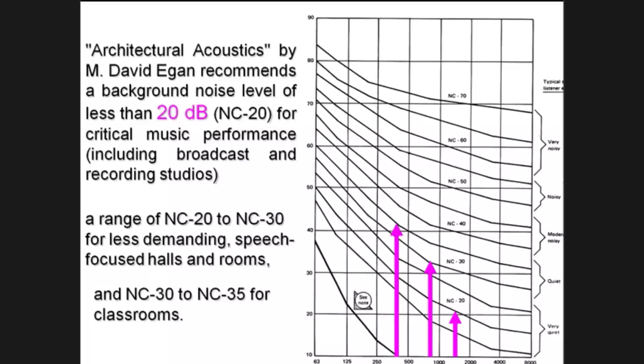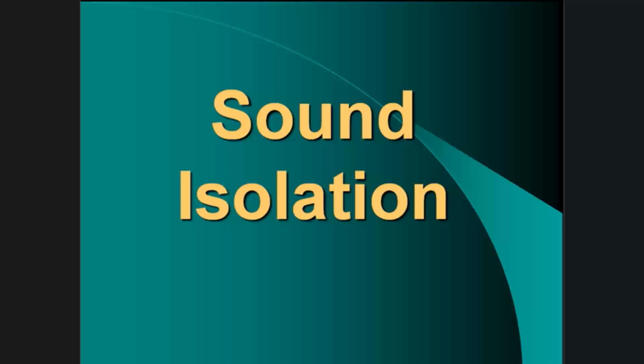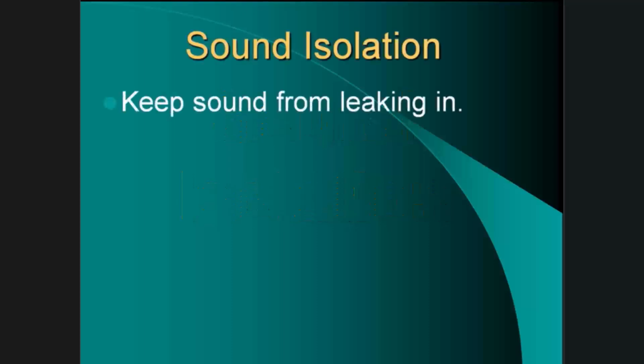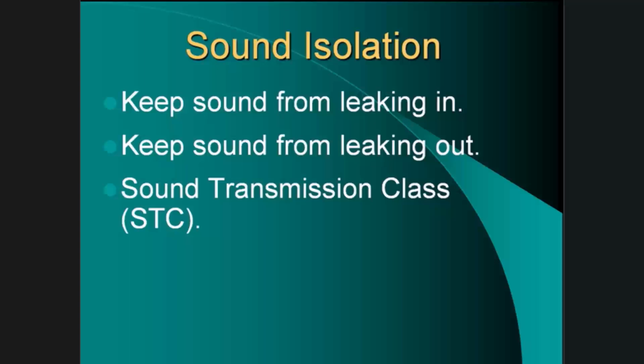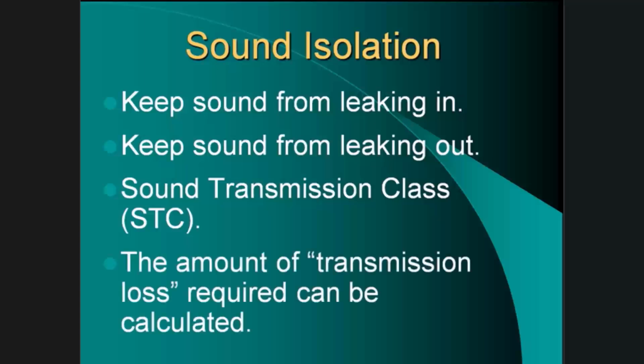In order to assure that the room meets the proper noise criteria, the room must be isolated to keep sound from leaking in and to keep sound from leaking out. Here we introduce another factor known as the sound transmission class, which will allow us to determine how much we need to block the sound in order to meet the necessary noise criteria.